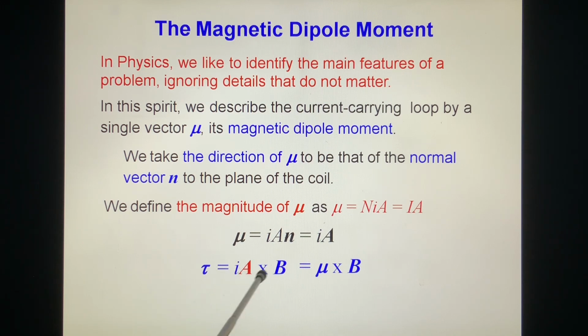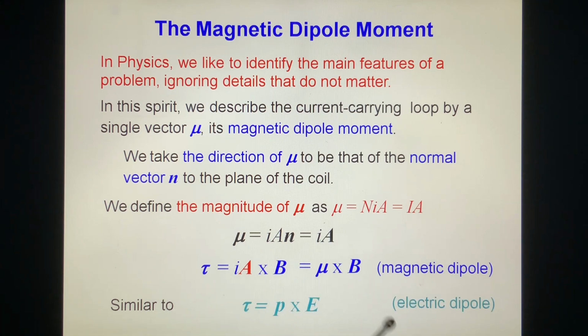So this we call mu, and the torque becomes mu cross B. It's very easy to remember. We call it the magnetic dipole for a current carrying loop. This is very similar to the torque equals p cross E. Remember the electric dipole: in the electric field E, it will experience a torque.